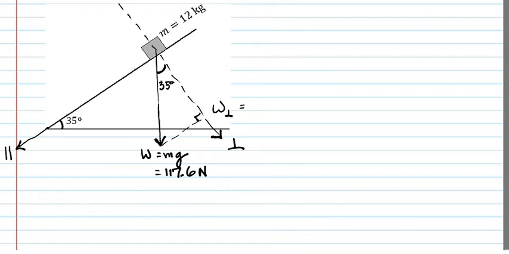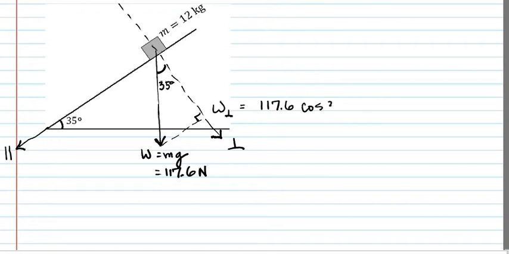That tells us the perpendicular component of the weight is going to be 117.6 times the cosine of 35 degrees, which works out to be approximately 96.33 newtons.